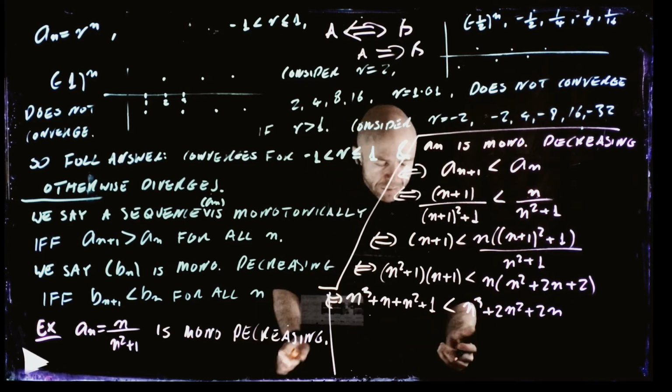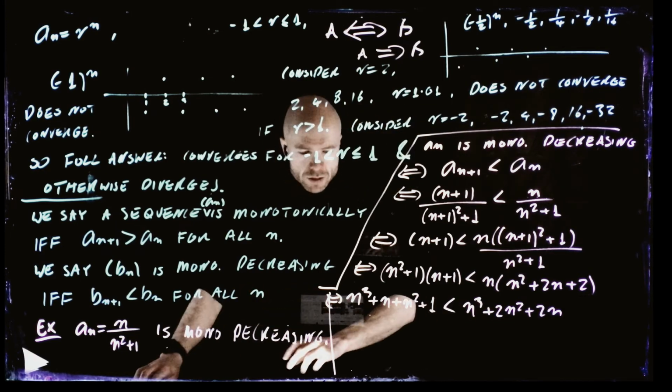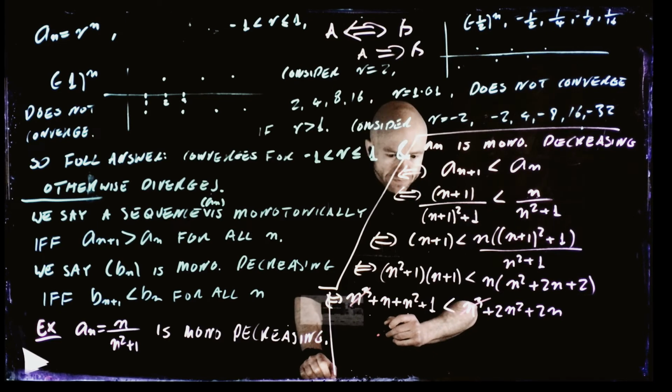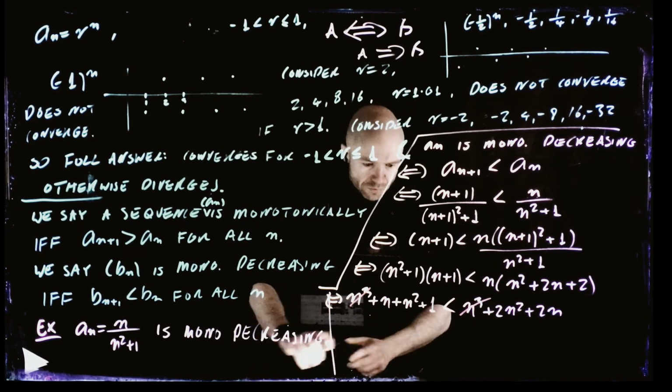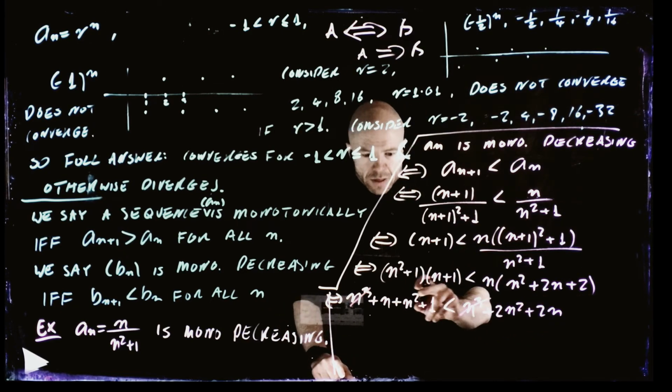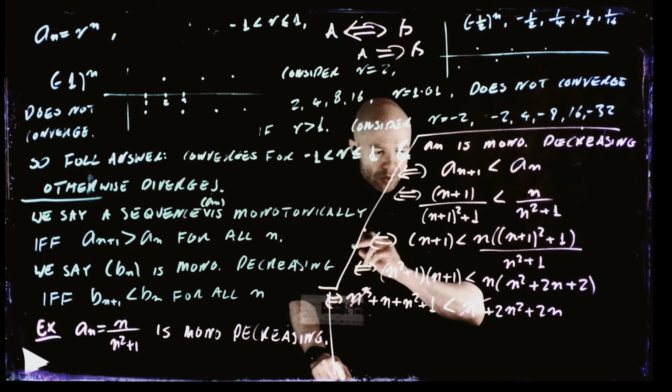Let's see if we believe this statement. Well, we can just kill the n to the 3, right? Get rid of that. Yeah. And then what do we have? Then we have the statement that 2n squared plus 2n is bigger than n squared plus n plus 1, for all n bigger than or equal to 1.